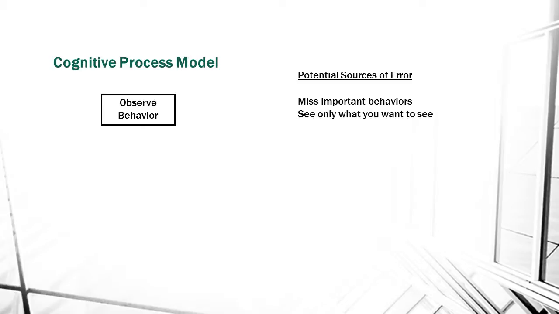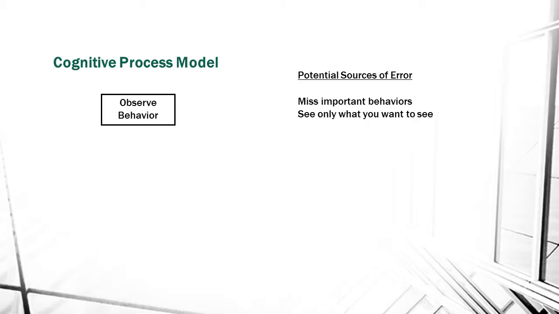This creates room for error because most raters can't be watching everything that an employee does. A supervisor can't stand over every employee's shoulder every minute of the workday, so they're going to miss some important behaviors naturally. There's also potential for bias right here at the observation stage.